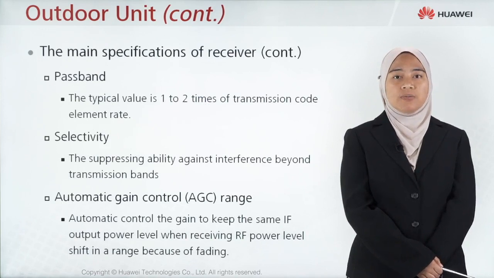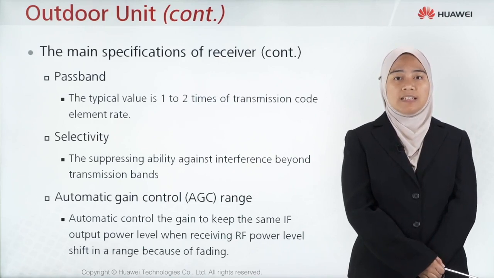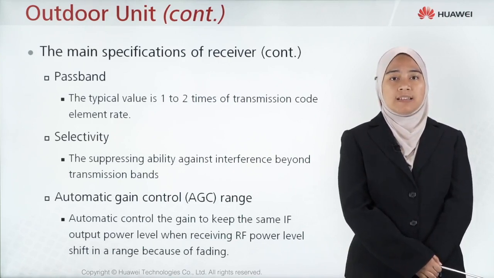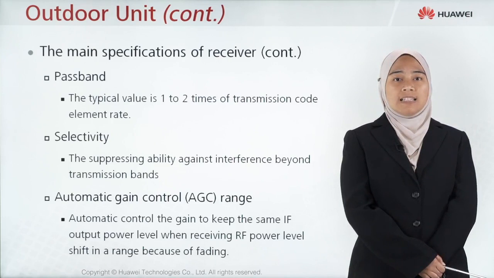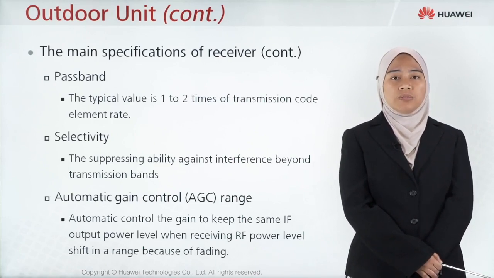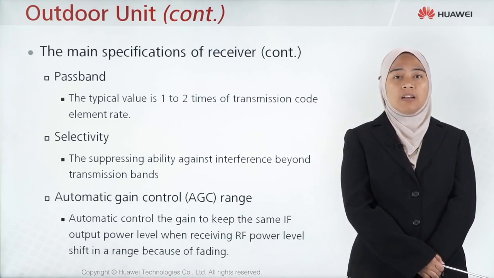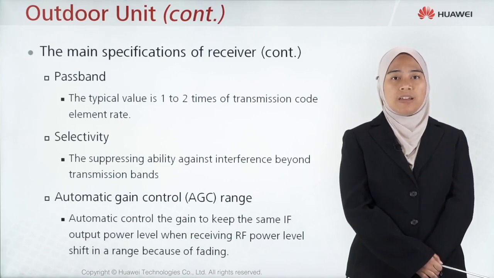The typical value is 1 to 2 times the transmission code element rate. Selectivity is the suppressing ability against interference beyond the transmission bands. Lastly is the automatic gain control, AGC range. It automatically controls the gain to keep the same IF output power level when the received RF power level shifts within a range because of fading.